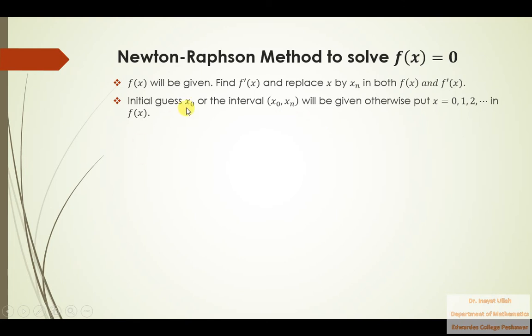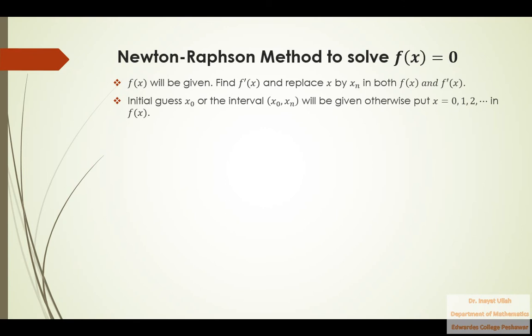If the initial guess or the interval is not given to you, then what do you do? You need to put x equal to 0, 1, 2 and so on in the given function.